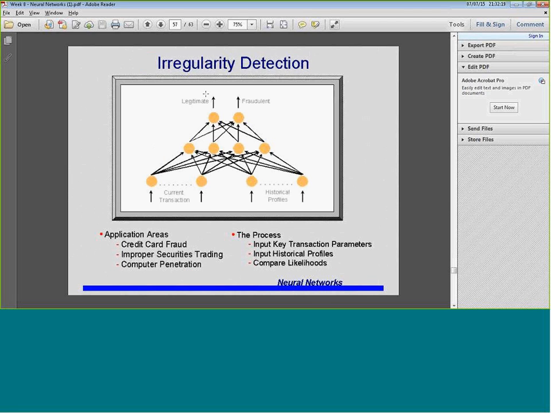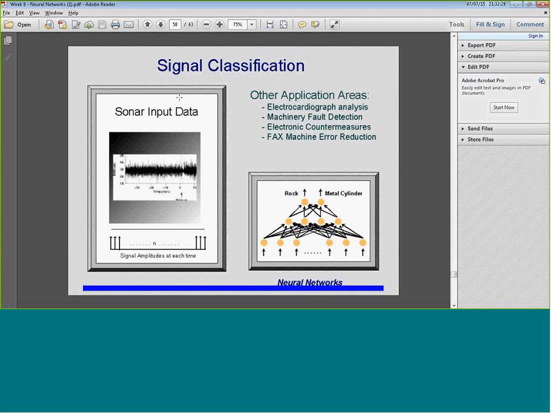Irregularity detection. Again, detecting whether a transaction is legitimate or fraudulent based on the current transaction compared to the historical profiles. Signal classification. Anything that you can put a scope on and get a signal, you can convert that to a neural network. It may not be a predictive neural network, but it can be a neural network.